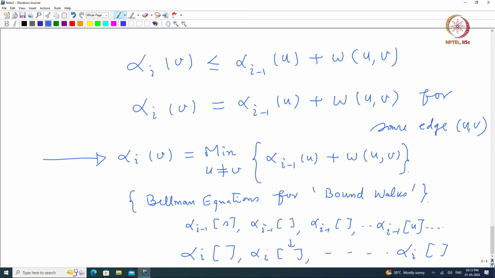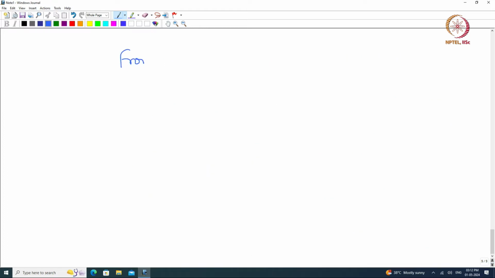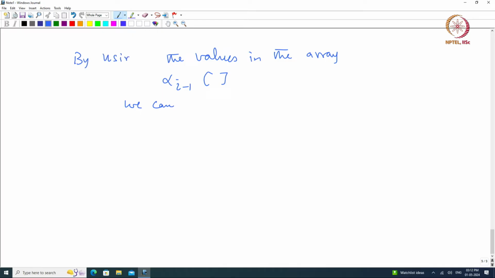That means, by using the values in the array alpha i minus 1, we can compute the array of values alpha i.